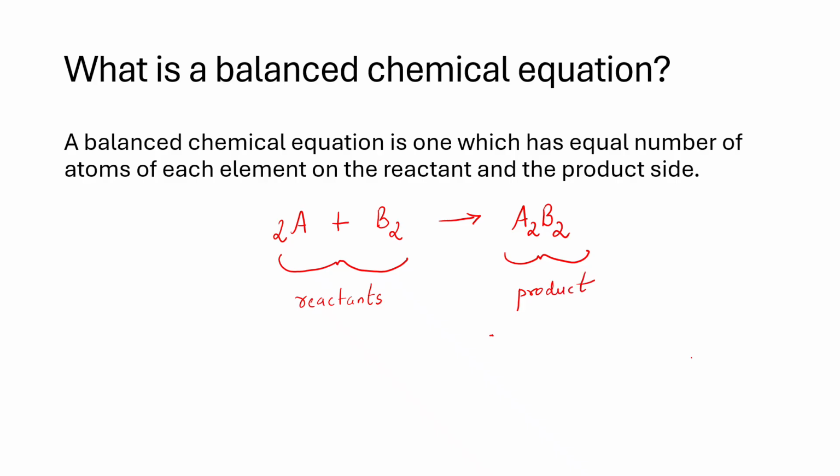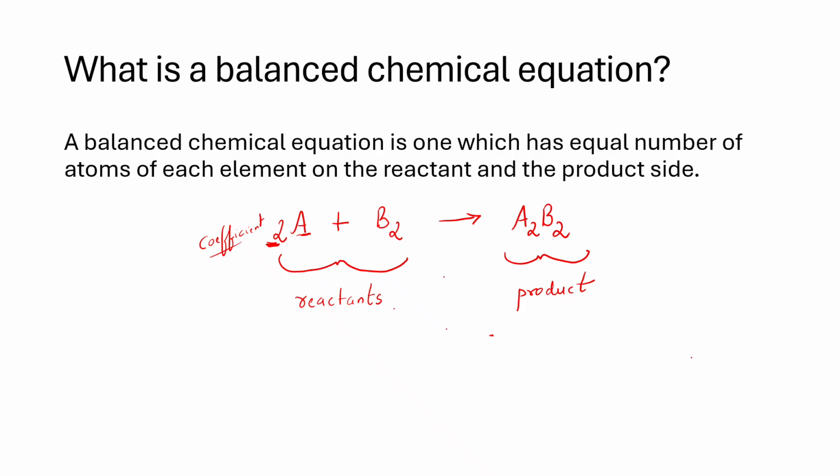So how to add up atoms on both sides? What you need to do is multiply the number that's appearing in front, which is called a coefficient, with the subscript that appears alongside the symbol.